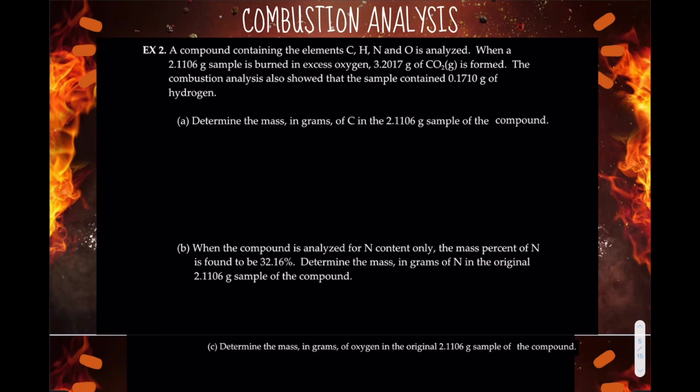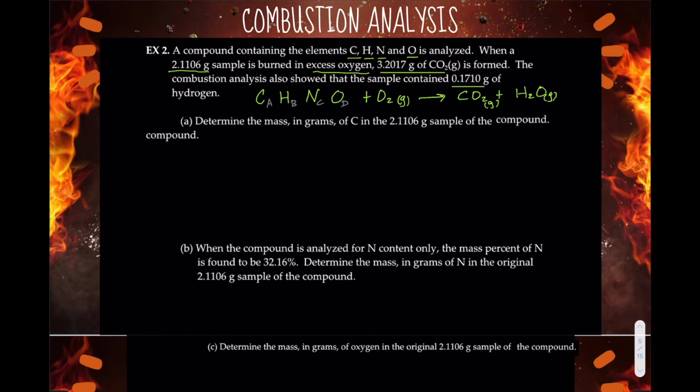In example 2, we are given a compound containing the elements carbon, hydrogen, nitrogen, and oxygen. When a 2.1106 gram sample is burned in excess oxygen, 3.2017 grams of carbon dioxide are formed. The combustion analysis also shows that the sample contains 0.1710 grams of hydrogen.